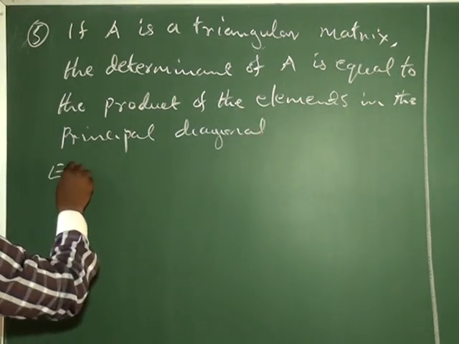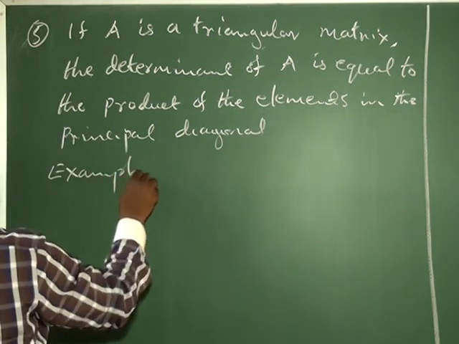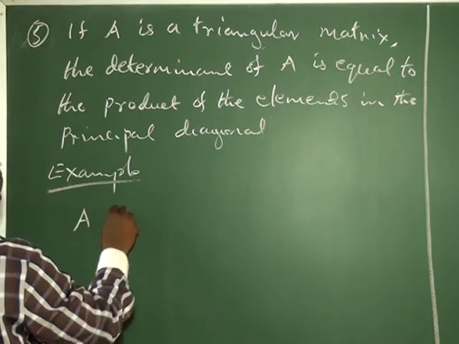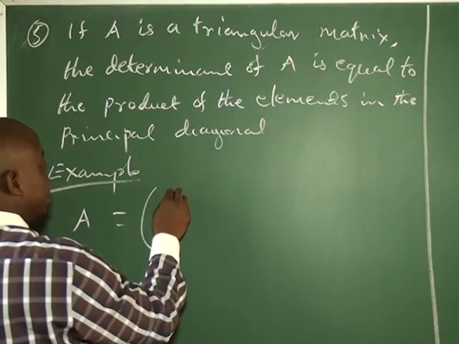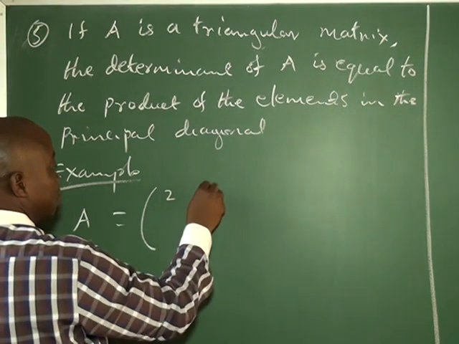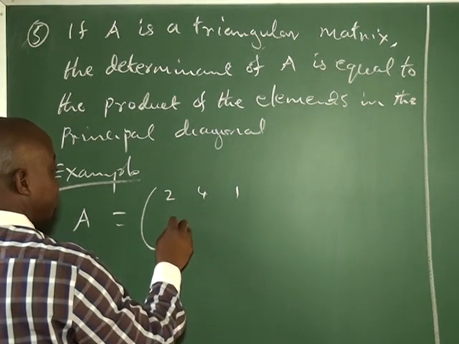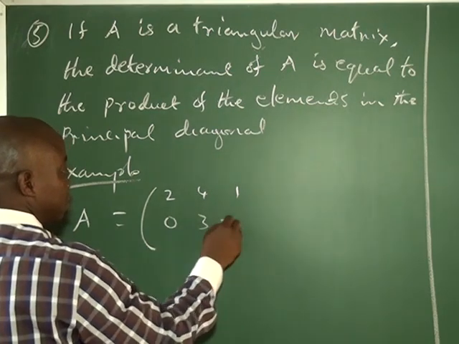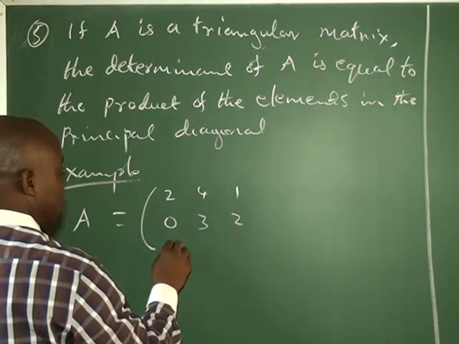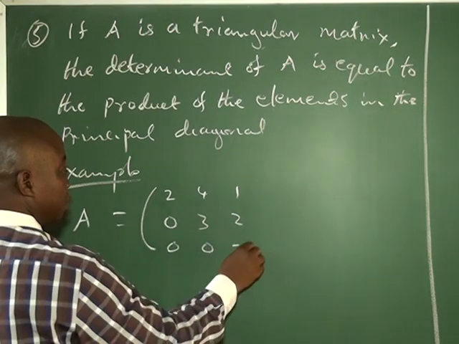Now let us take the example. I have matrix A to be upper triangular. For instance, I have 2, 4, 1, 0, 3, 2, 0, 0, minus 1.